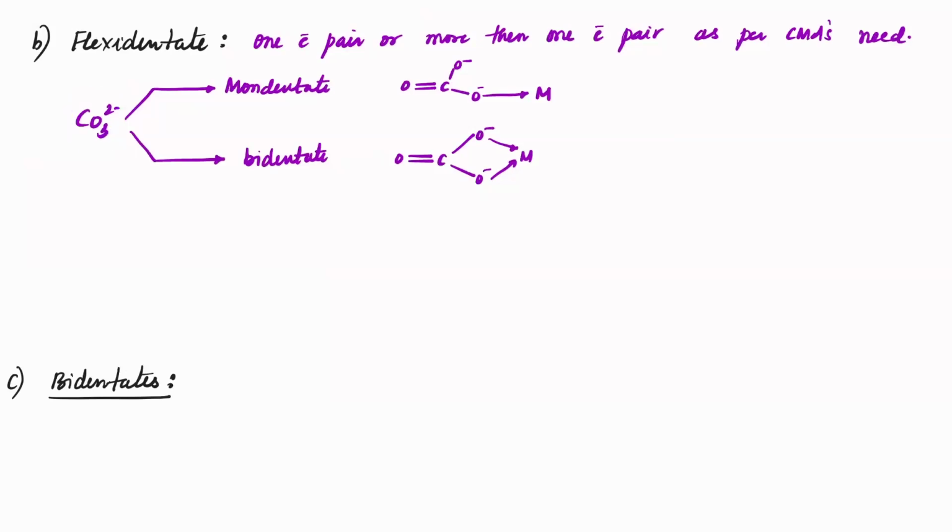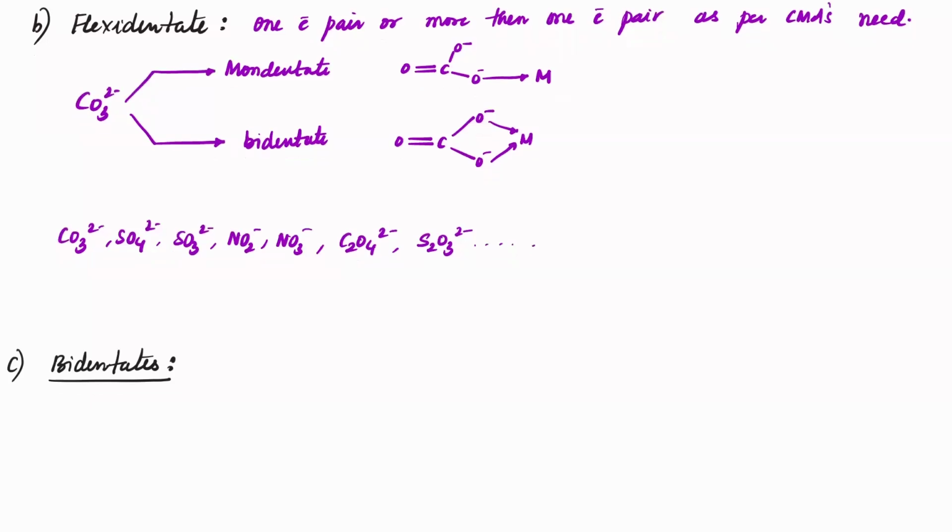So that is carbonate, sulfate, sulfite, nitrate or nitrito, oxalate C2O4 2 minus, and S2O3 2 minus, thiosulfate. So these are some examples which offer flexidenticity. Got it?